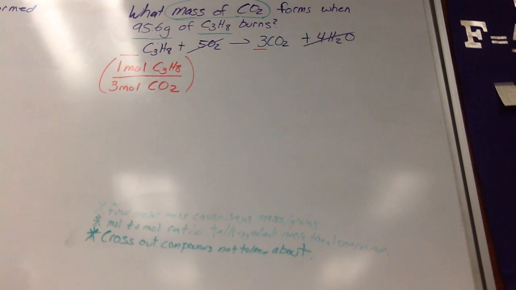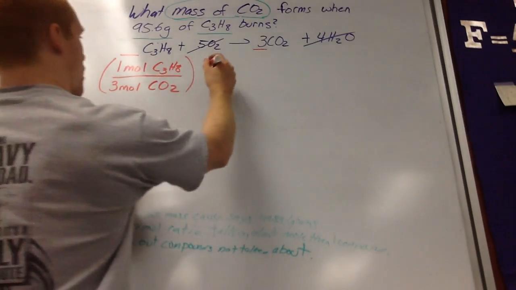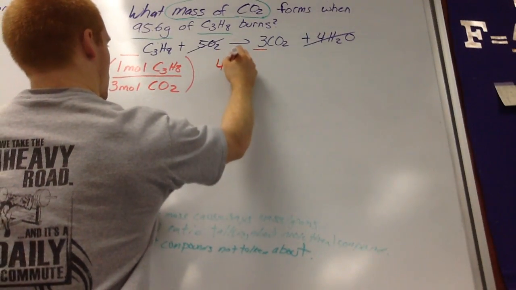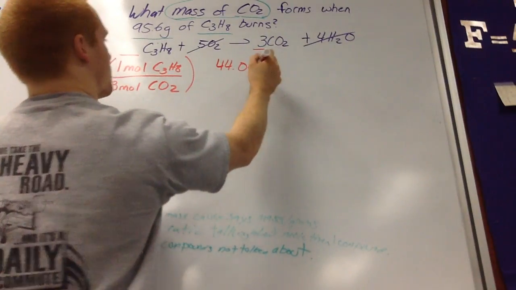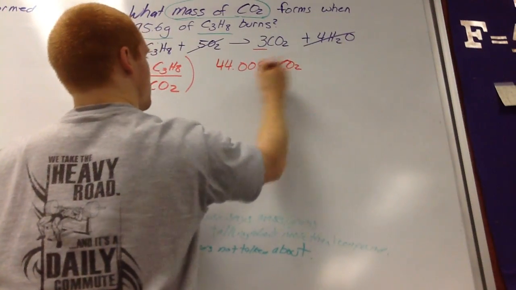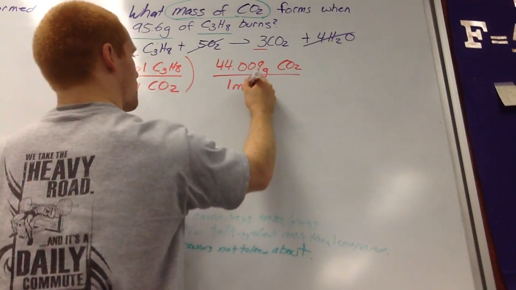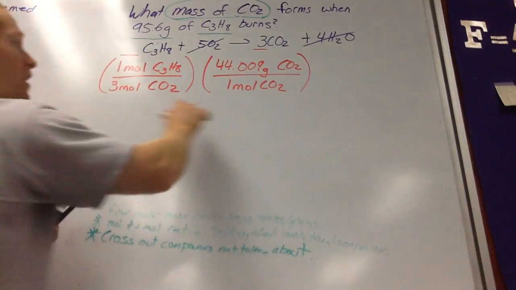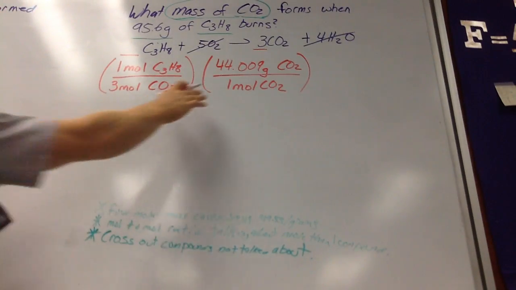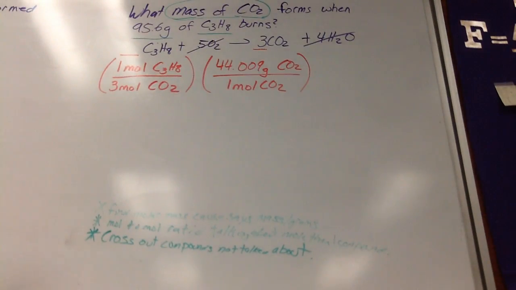But for this, we have, someone used my calculator, that's annoying, 44.009 grams of CO2 for every 1 mole of CO2. So this is one of our conversion factors. It is just the molar mass of carbon dioxide. Now I'm going to find the molar mass of propane.